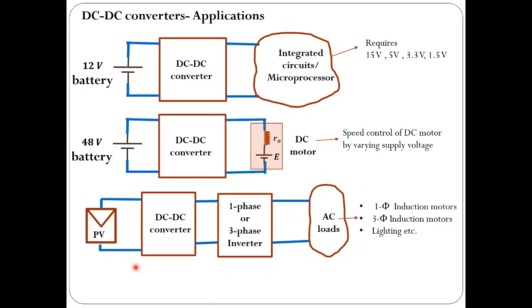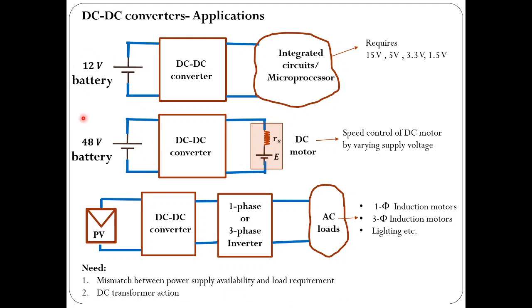This is one of the popular circuit topologies used in renewable energy source applications, especially PV sources. This way DC-DC converters are very important. You can see the necessity of DC-DC converters. So what is the necessity? It bridges the mismatch between power supply availability and load requirement.